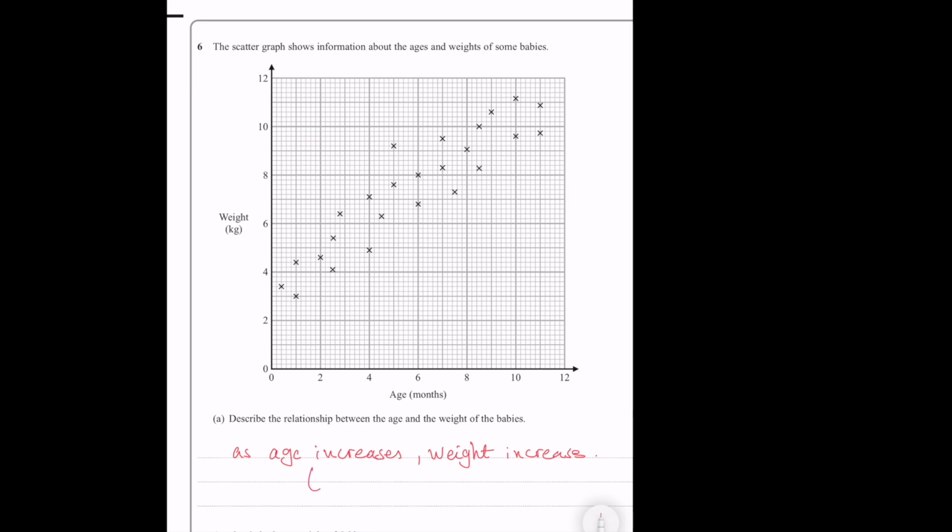And if you want to add between brackets positive correlation, that's good. But you have to explain or describe the relationship between the age and the weight. Okay, so the first question is done.